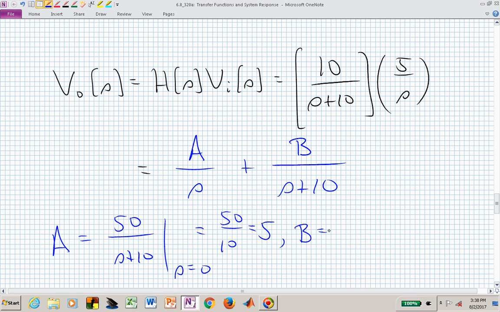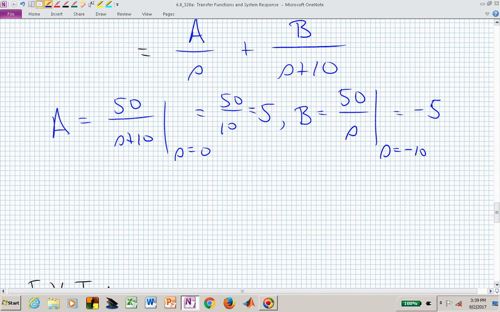For B, we scale both sides by s plus 10, and we evaluate the resulting expression, which is now 50 over s, at s equal to minus 10. We now have B equaling minus 5, or 50 divided by minus 10.